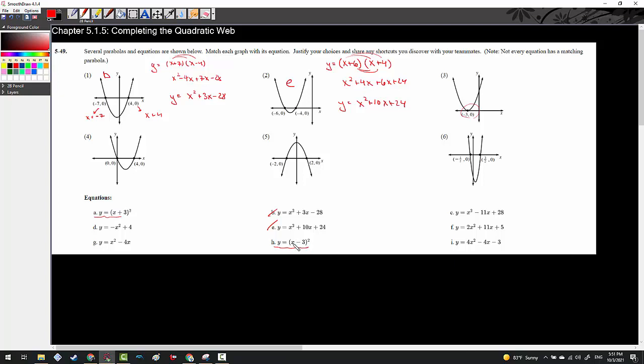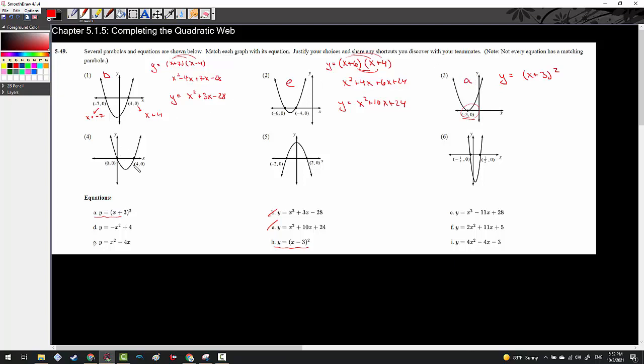It will make -6 in here, which will give you -36. So I don't think H is going to be our character. I think that A will be. Because if I imagine plugging in a -3 into the x plus 3 squared, I will get 0, which is going to be my x-intercept right there. And so I believe 3 is going to be none other than A.